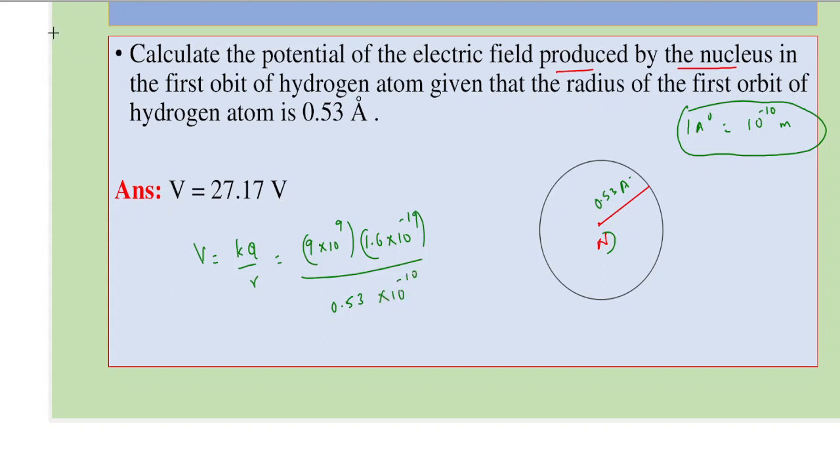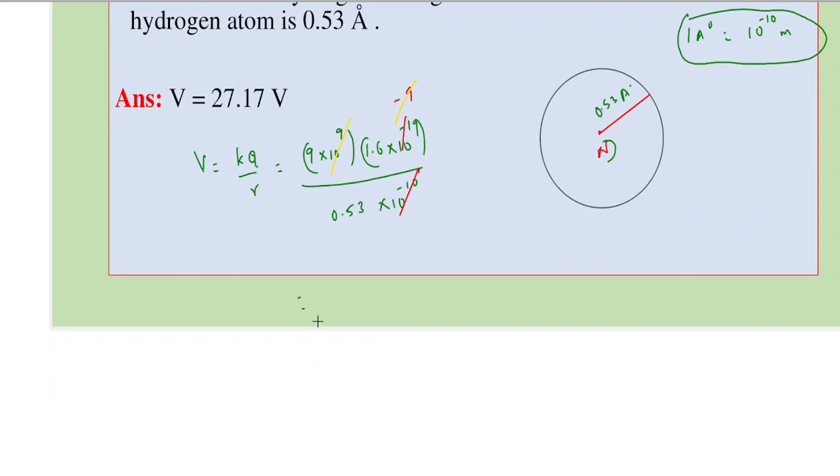So from here it becomes 10 power minus 9, and this and this get cancelled. The powers go away, and what remains is 9 into 1.6, which is 14.4, by 0.53, which is equal to 27.17 volt. So this is the required answer.